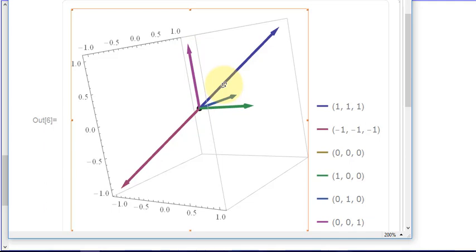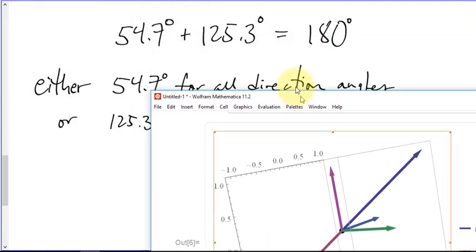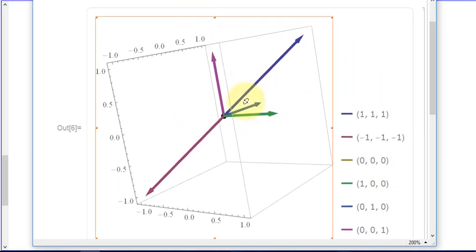So you can see that the angle from the blue vector to these three vectors is the same. I had about 54.7. So these are three angles that are each 54.7, but there are also three angles of 125 that are the angles from this maroon color that measure back to the i and the k and also to the j unit vectors.